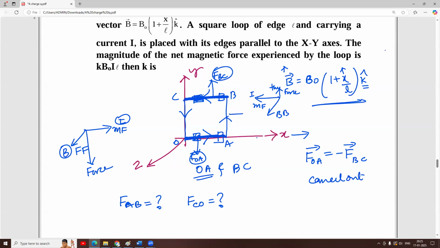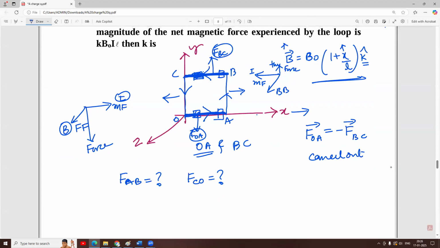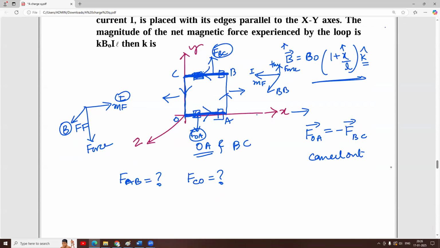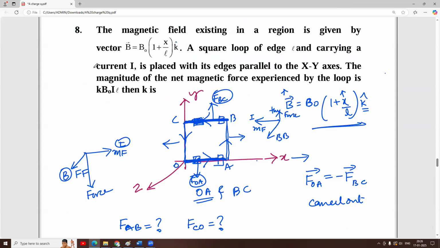This will experience a force like this, and this will experience a force like this. You'll have to subtract them. The difference here is that OC is at the origin, and AB is along the x-axis at a distance L, because the length of each side is L, so x equals L.